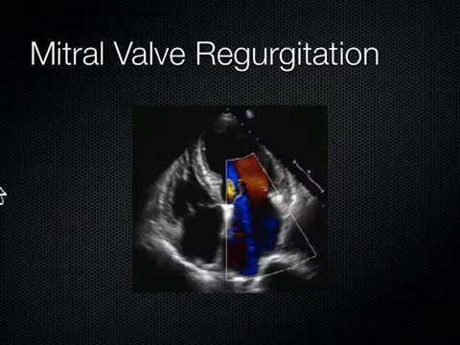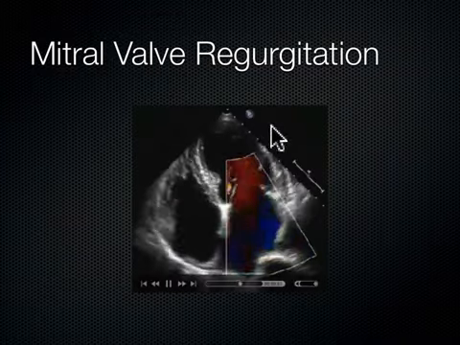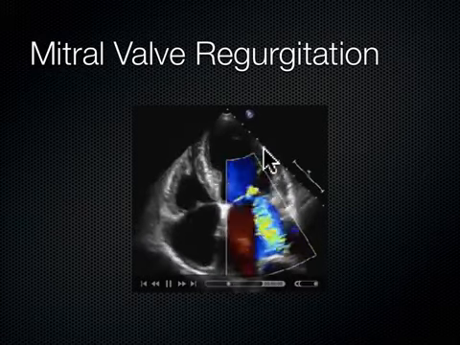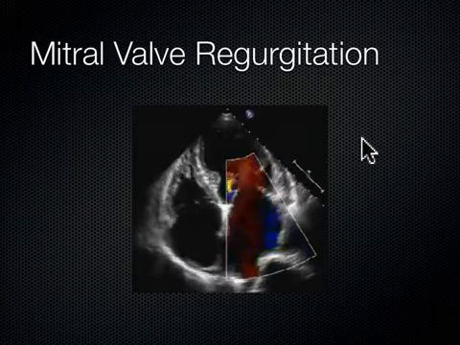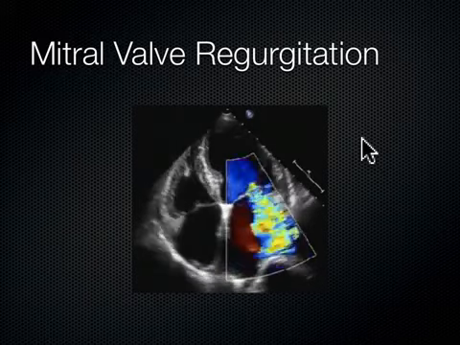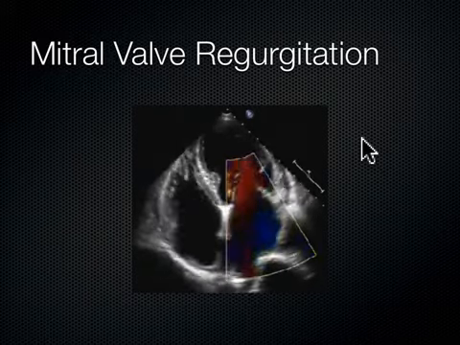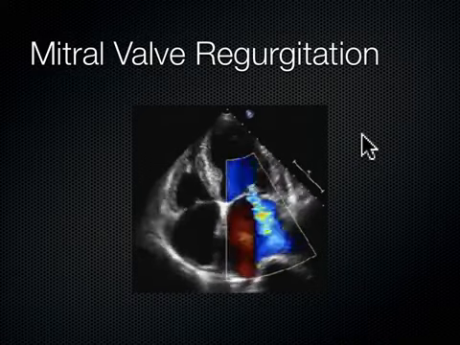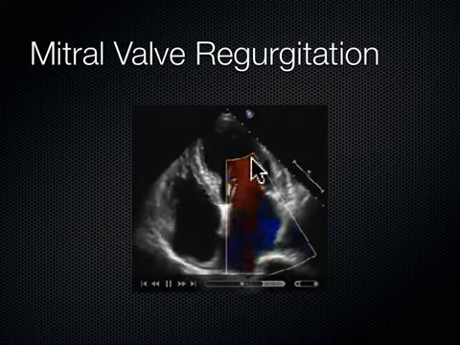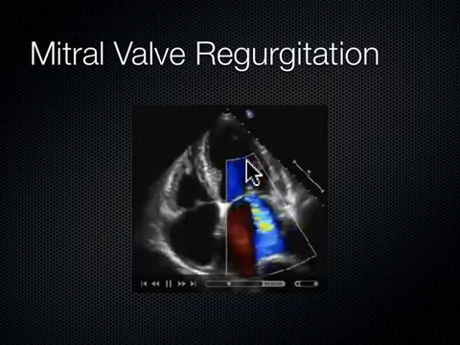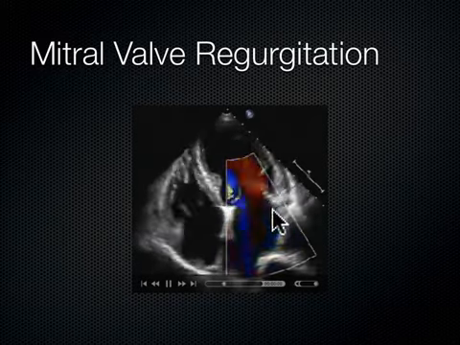Let's go ahead and throw some color across that mitral valve. Now, during systole, red is flow toward the probe and blue is flow away. I mixed that up. One way to remember it is BART: blue away, red towards. During systole, we don't expect to see blood squirting away from the probe back into the left atrium.